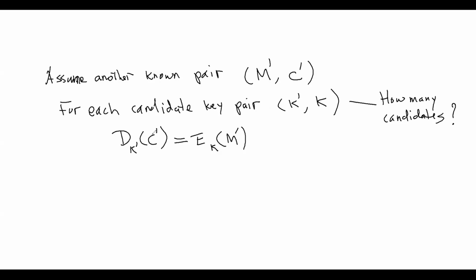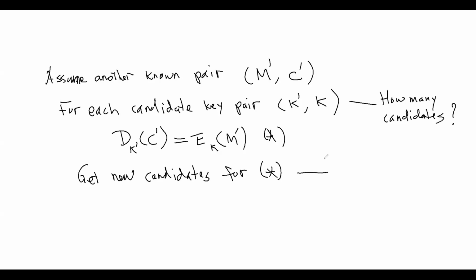So I apply on another known pair, and I am going also to get the same thing, also to get candidates. Okay, so we get candidates, and then get new candidates. Let's call this star.